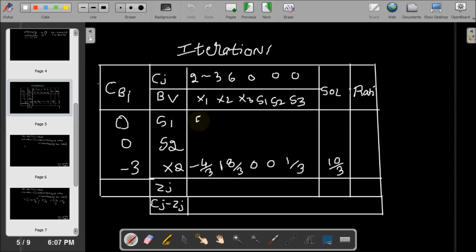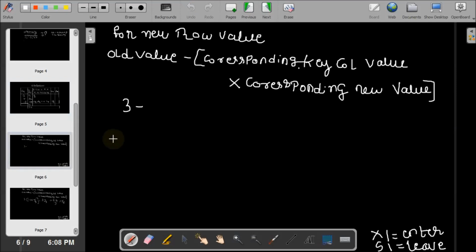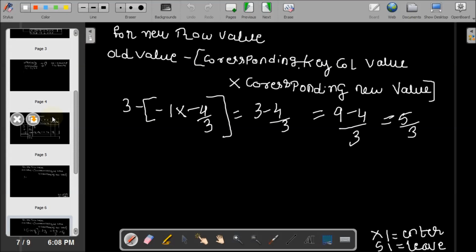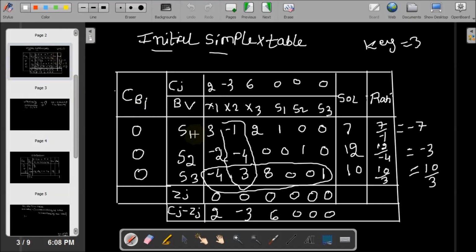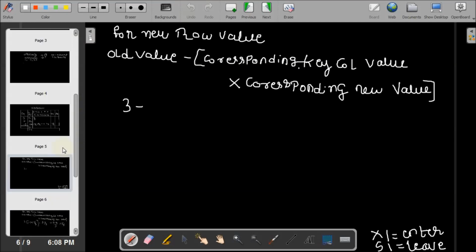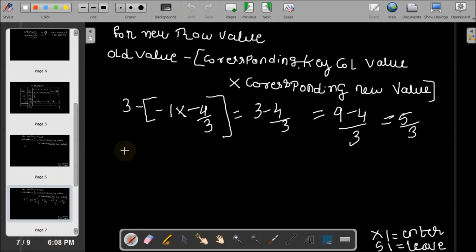Getting, guys? In the same way, I will find out the second element value using the same formula, right? So what is the old value? Old value of the second element, minus 1.